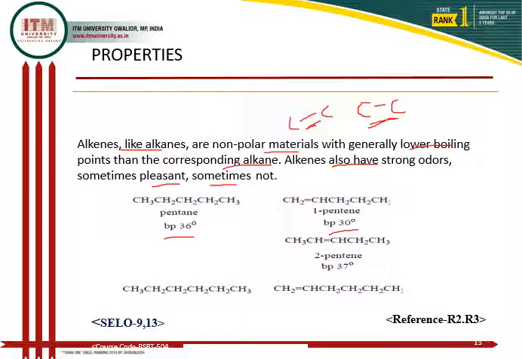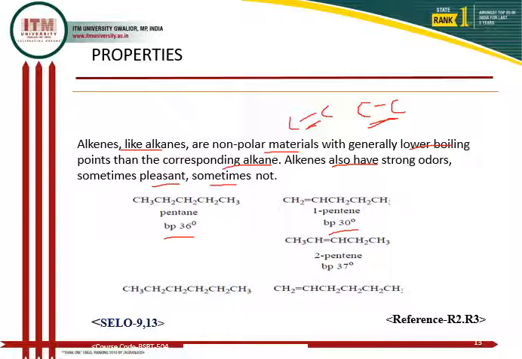In pentane the number of carbon atoms is 5. In pentene also the number of carbon atoms is 5. But there is the double bond, so the boiling point decreases. That is 30 degrees centigrade.